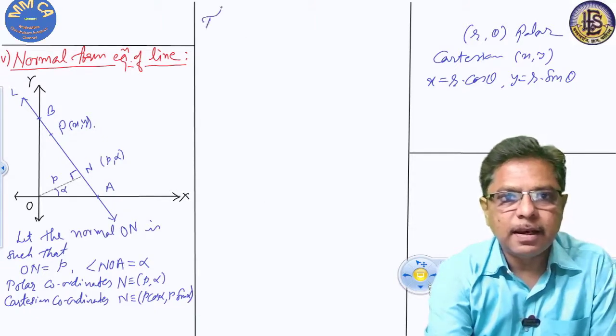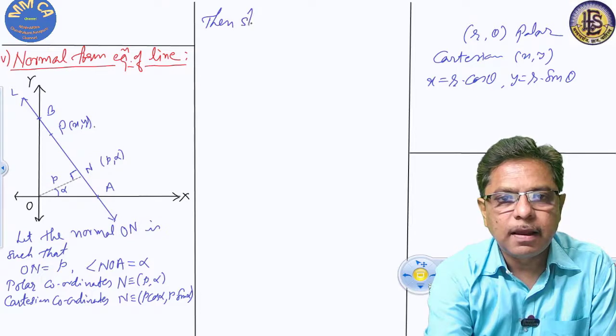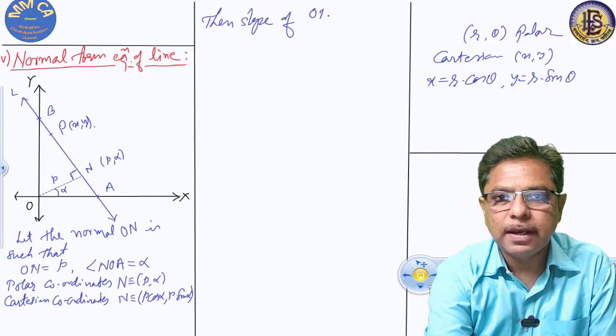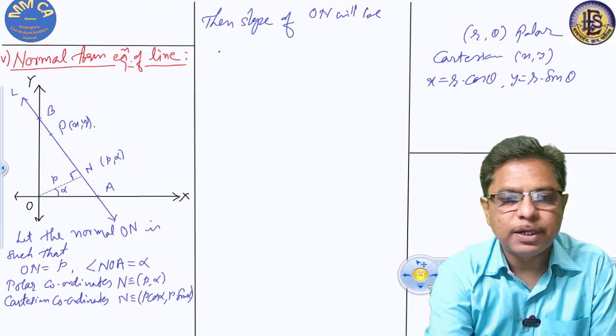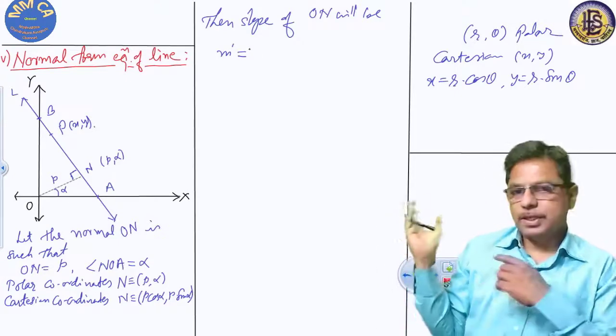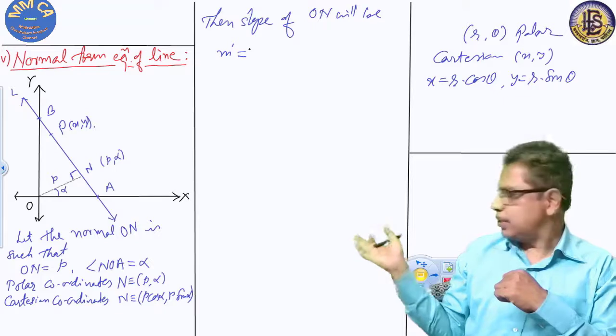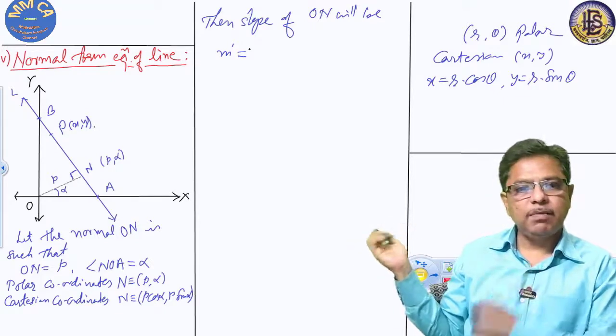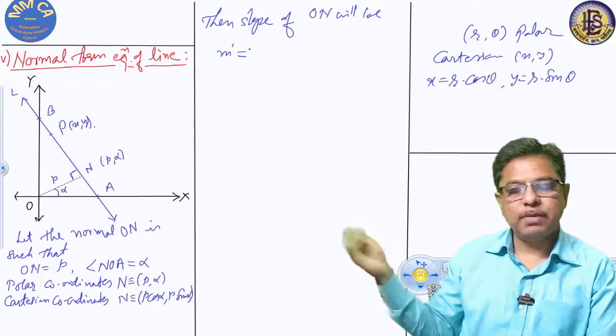Then slope of this ON will be, I will denote it by small m dash. And we have the coordinates of O, it is (0, 0), and coordinates of N as just we have obtained as p cos alpha, p sin alpha. So y1 minus y2 divided by x1 minus x2.